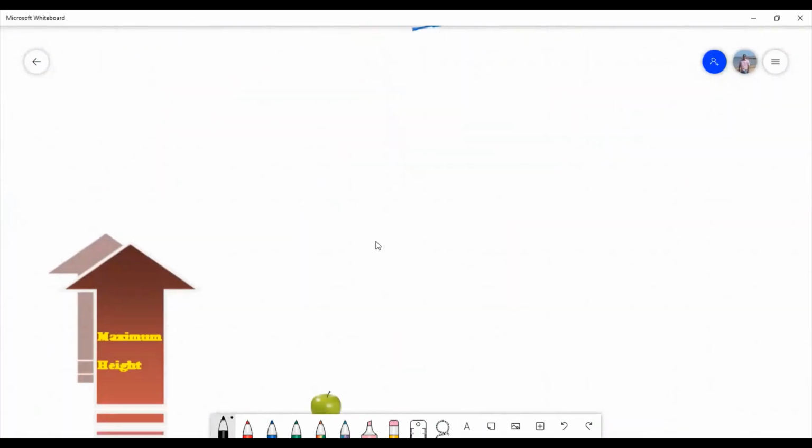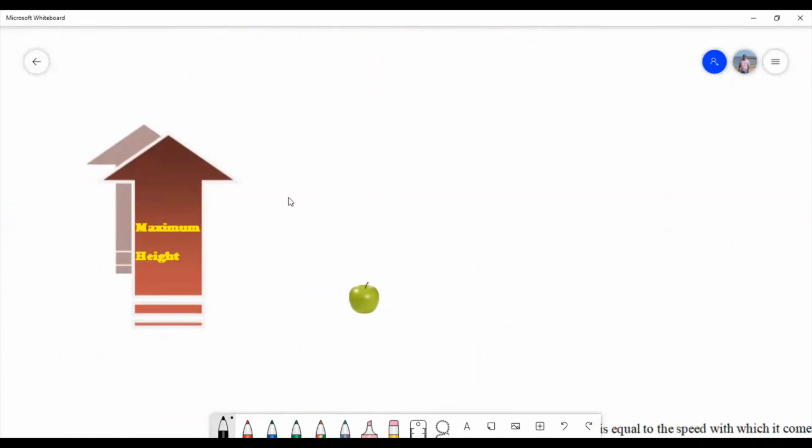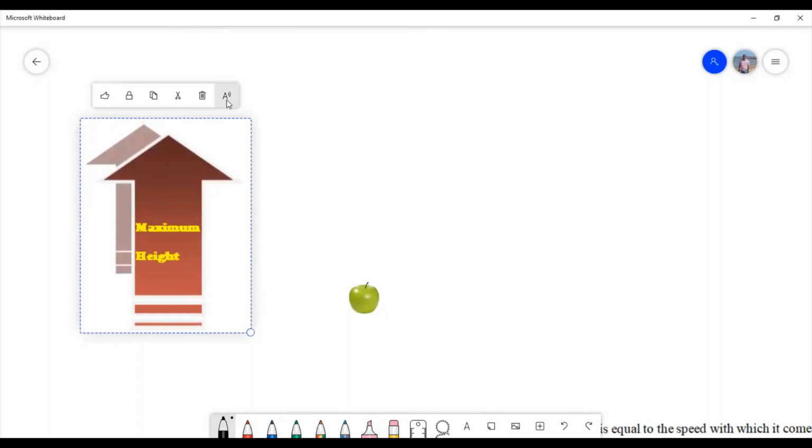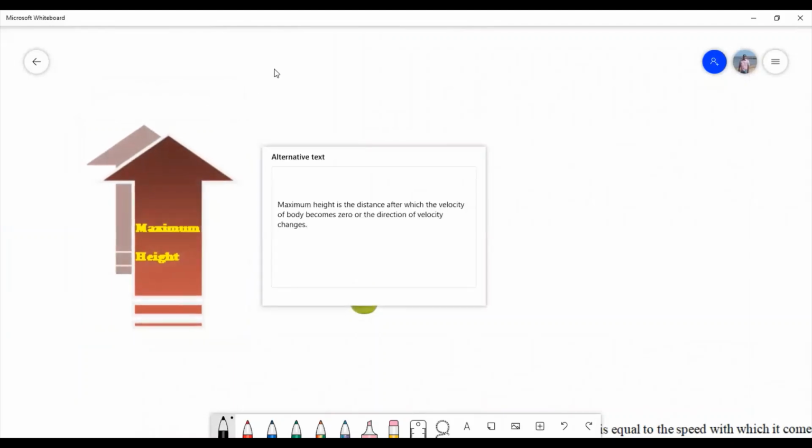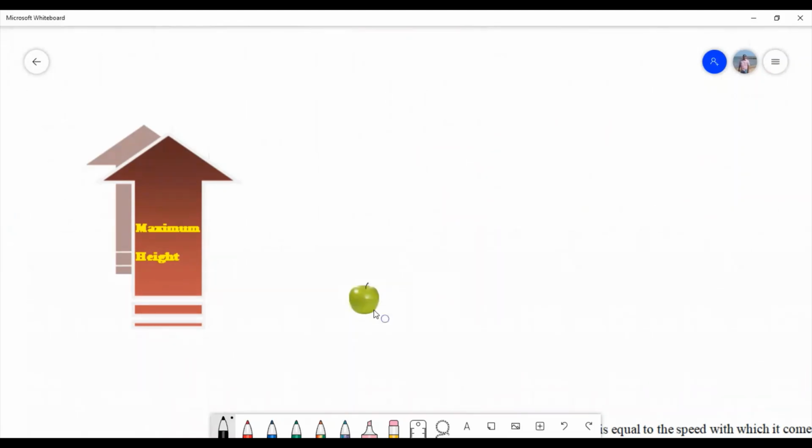Now let's see the case of maximum height. Let's understand the definition of maximum height, again a very simple definition. The maximum height is the distance after which the velocity of the body becomes 0, or the direction of velocity changes. Let's take this apple.